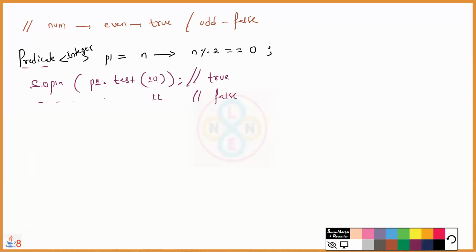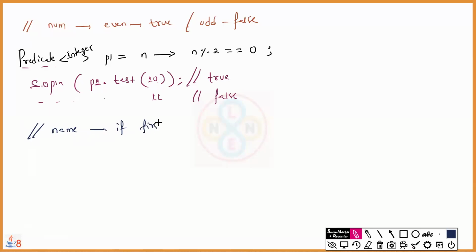Next, let's go for one more example. Take name as input, and if the first character is A, then return true, else return false. This is the requirement. Write a lambda for this. Yes, for a string, because name is a string.